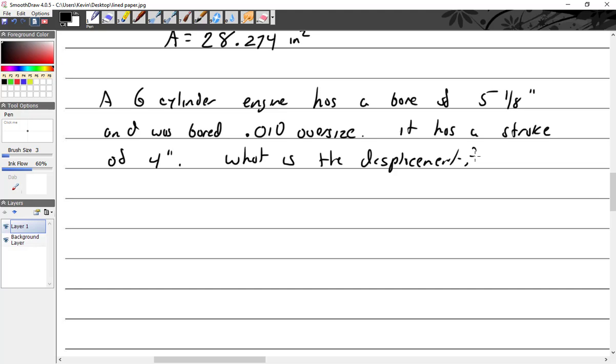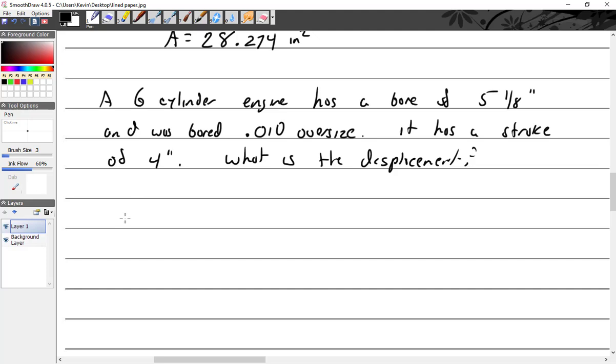In other words, how much fluid is displaced by the piston going up and down? It looks like kind of a daunting problem, but it's actually quite simple as long as you pay attention. I have a piston going up and down in a cylinder. What's the first thing I want to figure out? The radius, because it's a cylinder.